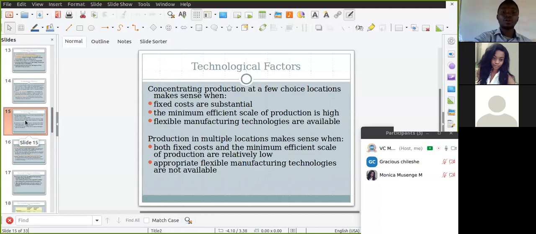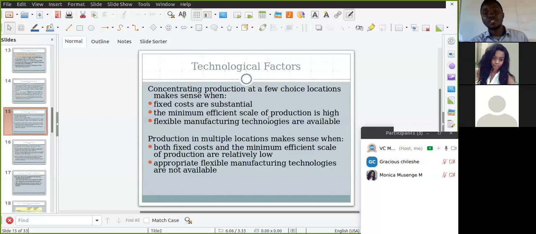So these are now the reasons or maybe the factors that will influence you to decide on having few locations for your firm. This is because the fixed costs are substantial, meaning that the fixed costs are high, hence you don't need to establish yourself in multiple locations, but fewer locations will be an advantage.